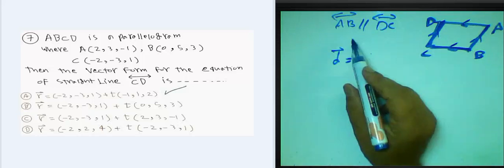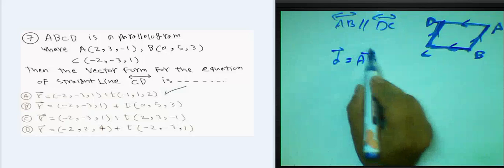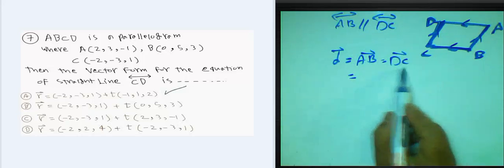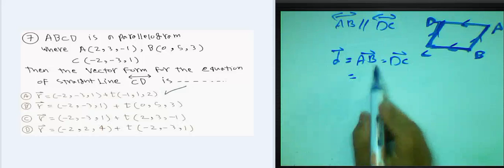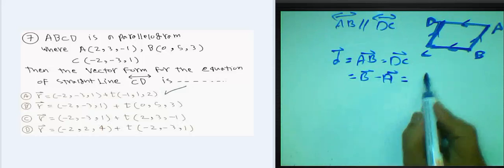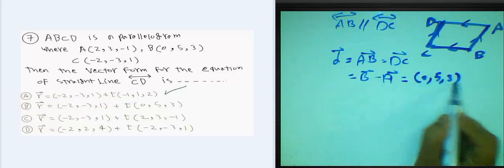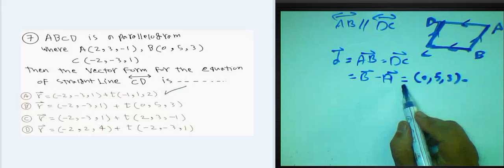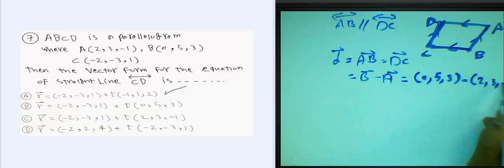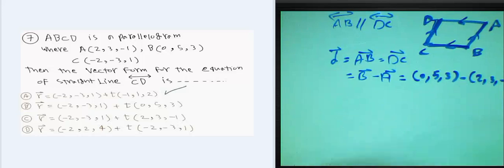It will be vector AB equals vector DC, because we want to find the vector DC. AB means vector B subtract vector A. Vector B here is 0, 5, 3 and vector A is 2, 3, and negative 1.